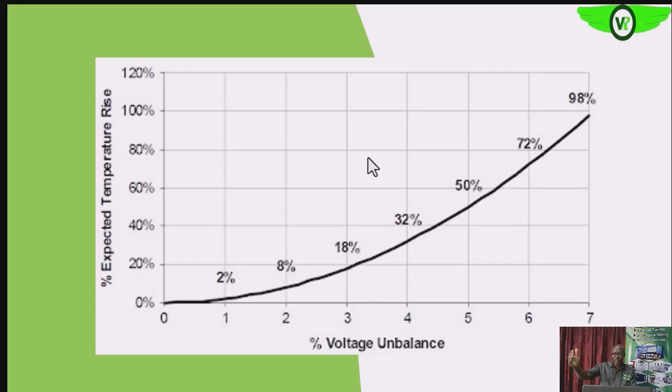Just imagine that we have higher unbalance in the system. What will happen? The temperature will increase, and that will affect the insulation integrity and subsequently cause failure in the insulation, shorting of the turns and burnout of the windings. Are we getting it? So it is something that we must guard against in the electric motor system.